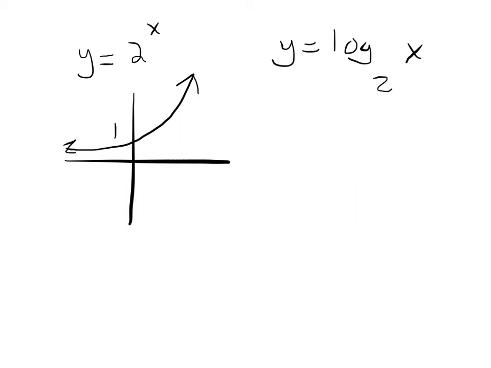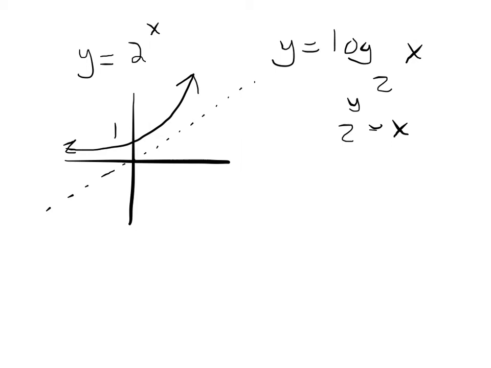So if I wanted to look at the function y equals log base 2 of x, that's going to be the inverse, because if I rewrite that exponentially, I've got 2 to the y equals x, and all I've done is switched x and y in my exponential case. And we remember then that our inverse function is going to be the original function's graph reflected over the line y equals x.